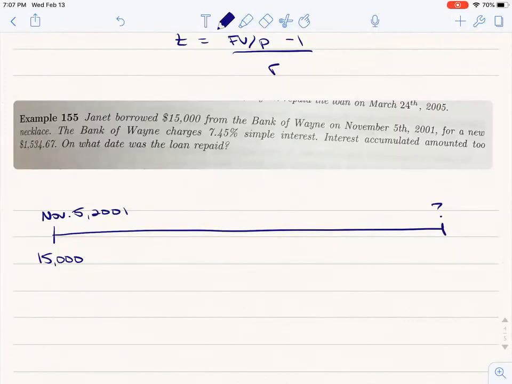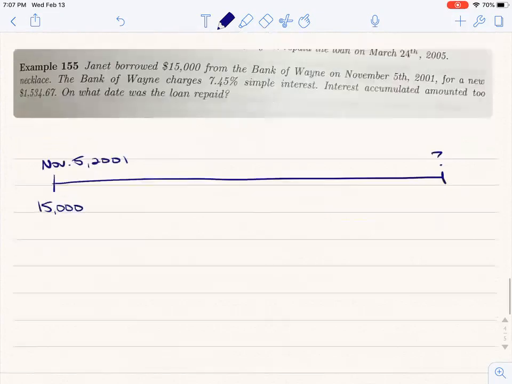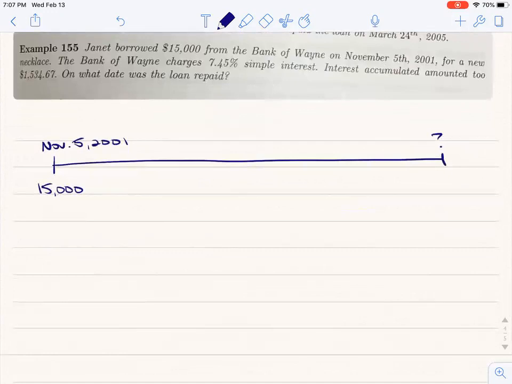I think I'll go that route just because I want to show the future value formula. So here, she had to pay 15,000 plus 1,534.67, so she had to pay 16,534.67.